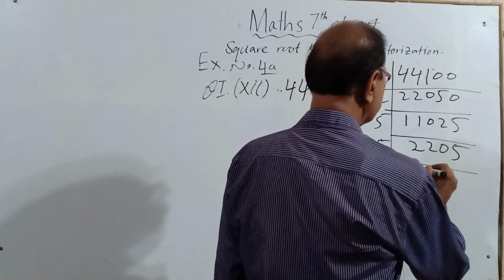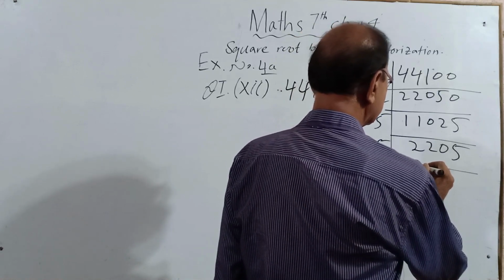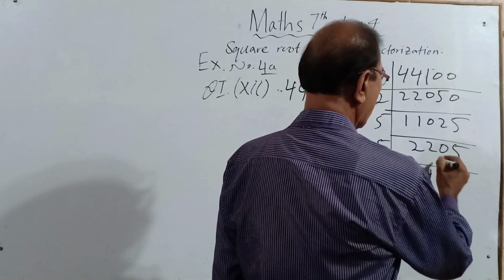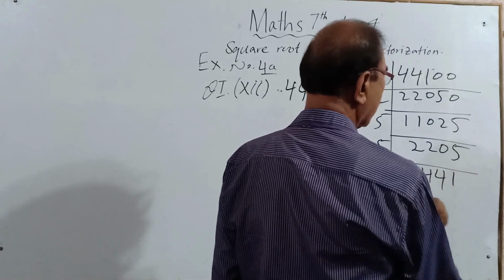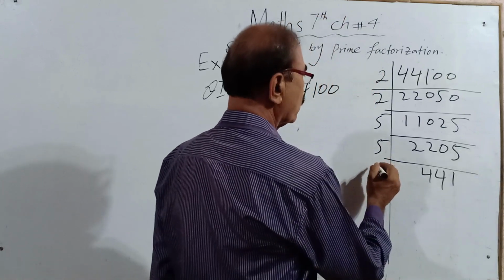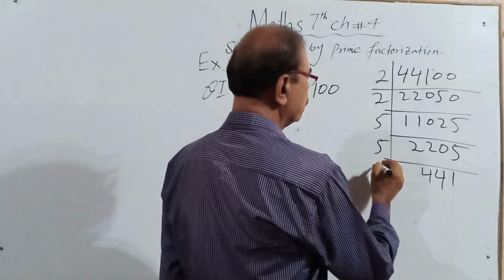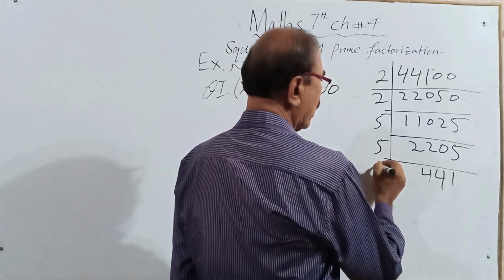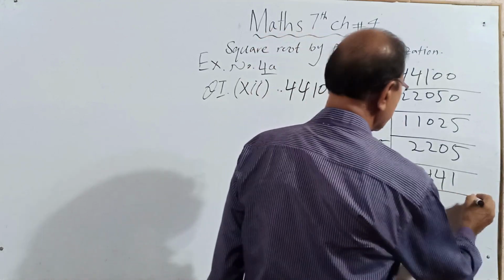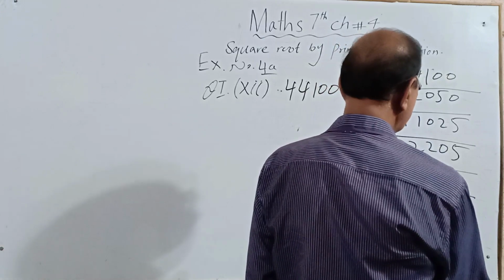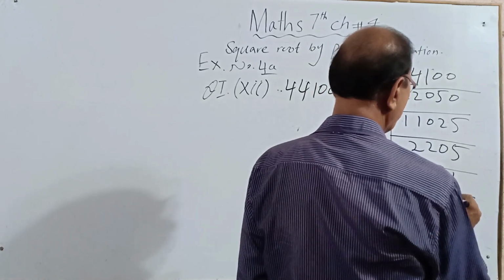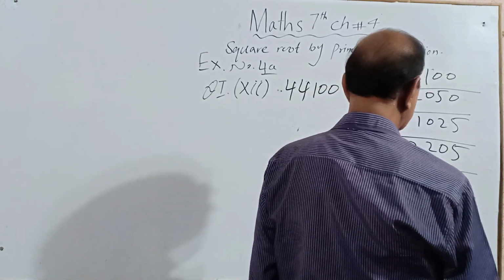5 4s are 20. 5 1s are 5. Now, divided by 3 times, 1. 3 4s are 12 and 7 3s are 21.